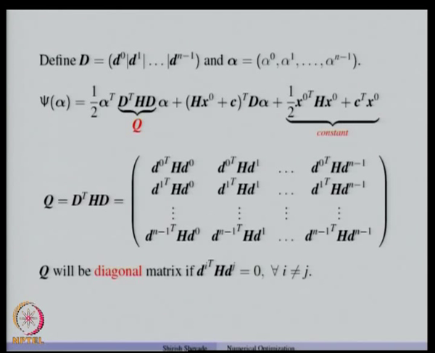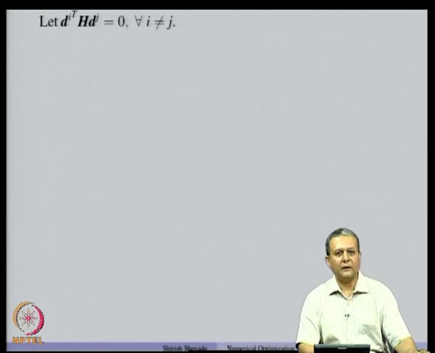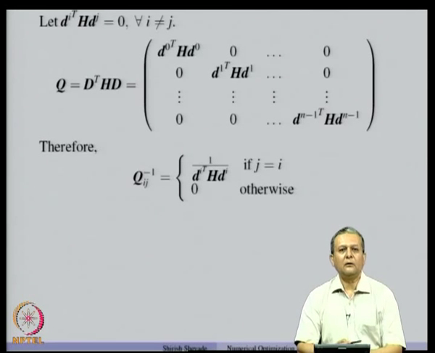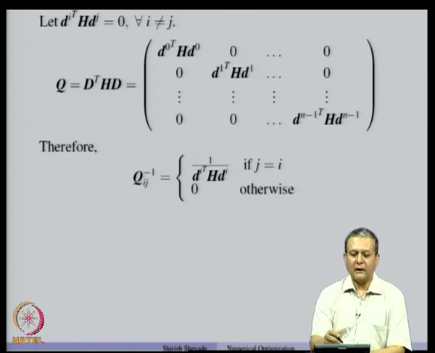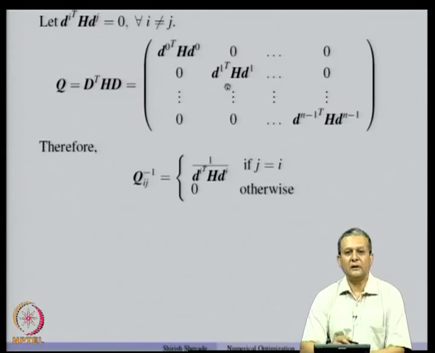Then we have Q to be a diagonal matrix where all off diagonal elements are 0 and the ith entry of the diagonal is Di transpose H Di.